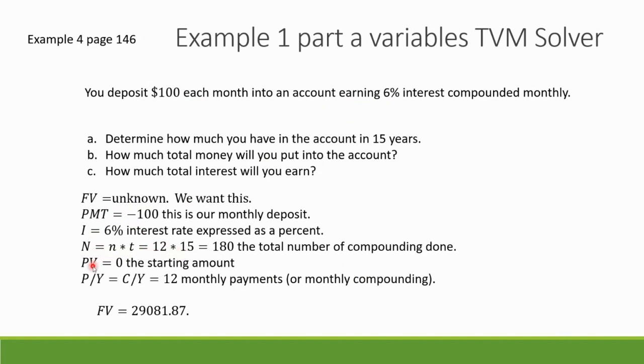How much is in the account initially? 0. Sometimes you might have an exam, I don't think I put one on the exam, but I know in the book they have examples where you have some amount in the account initially. That's what your PV would be. Here we have nothing in the account to start with, so PV is 0.